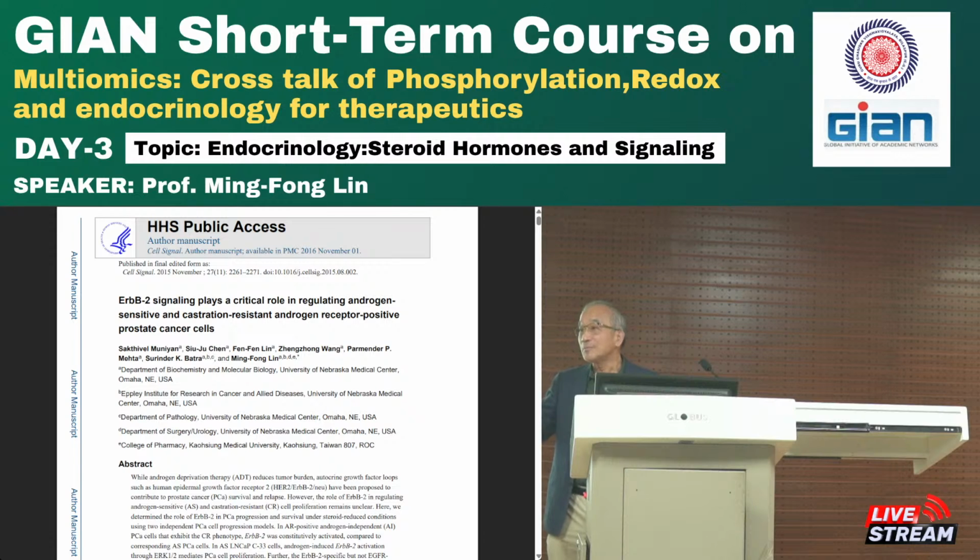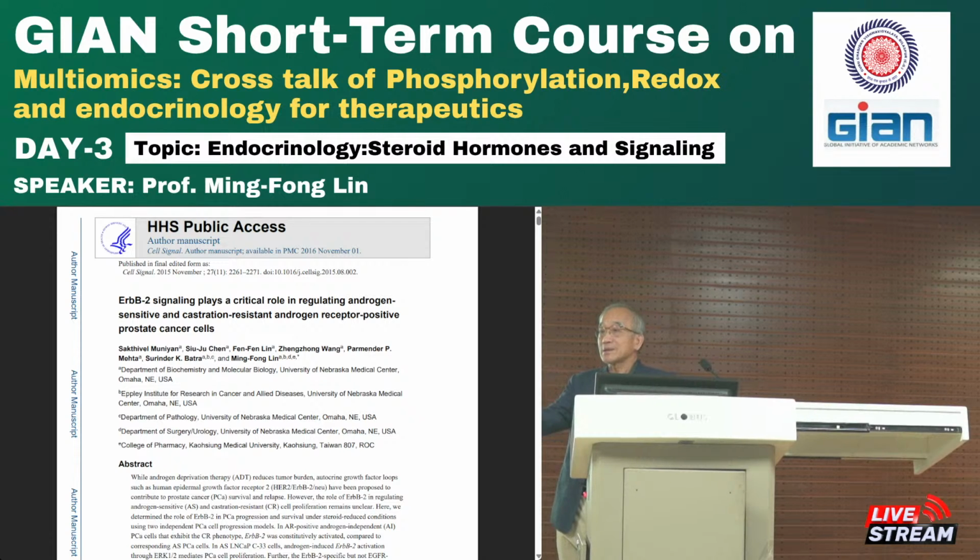So in the clinical case, initially the cancer is androgen sensitive, so we can do surgery. If we do not do surgery, we can use radiation therapy.